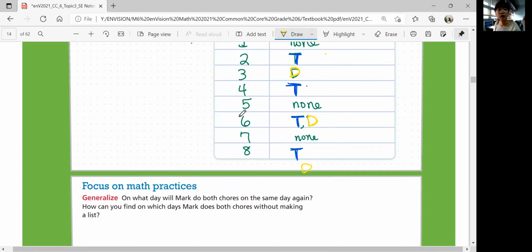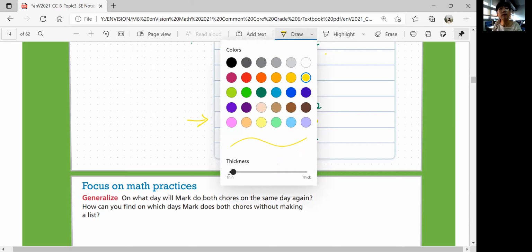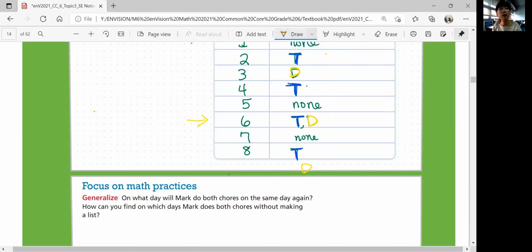So then, on what day will Mark do both chores on the same day again? So 6 was our first answer, right? Day 6, he will perform both chores on day 6.